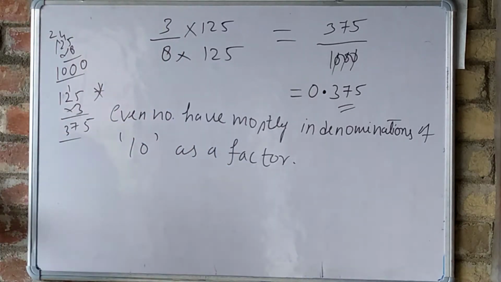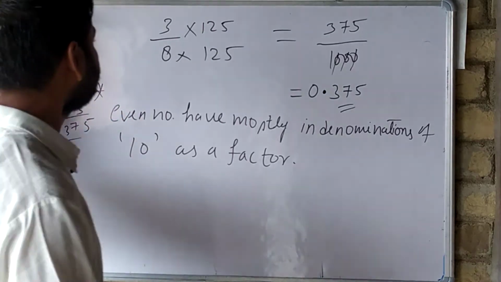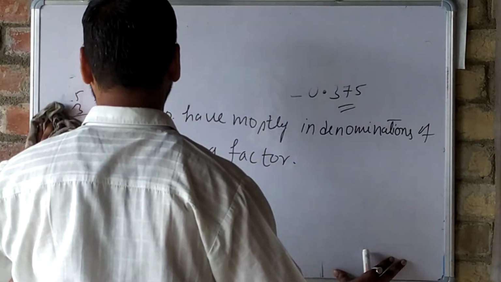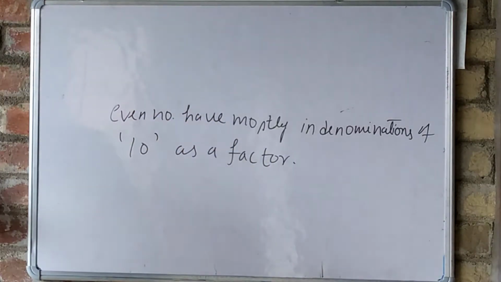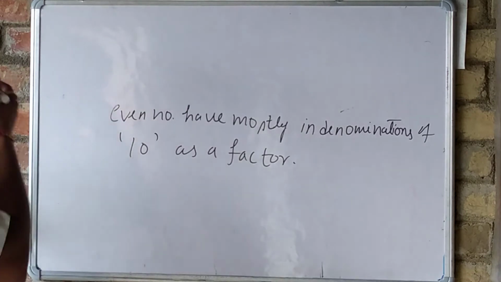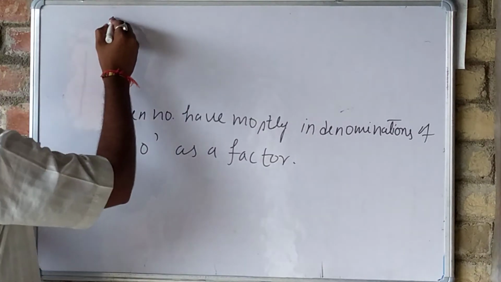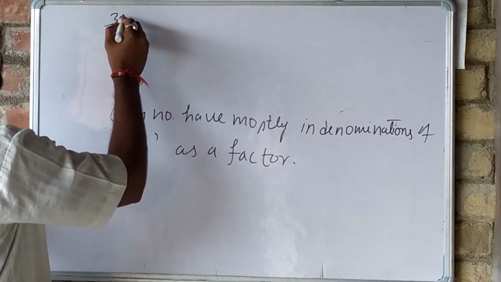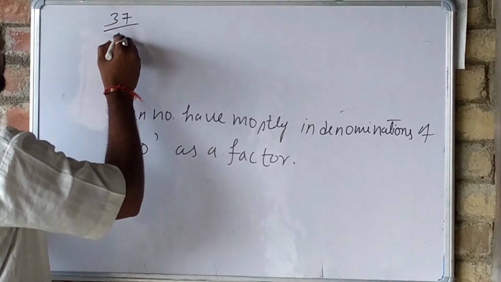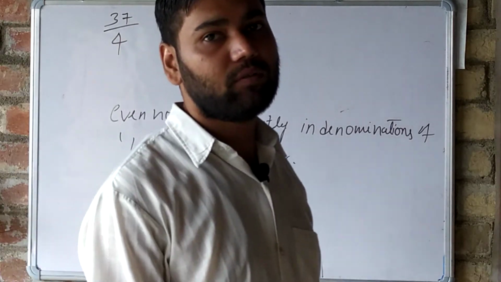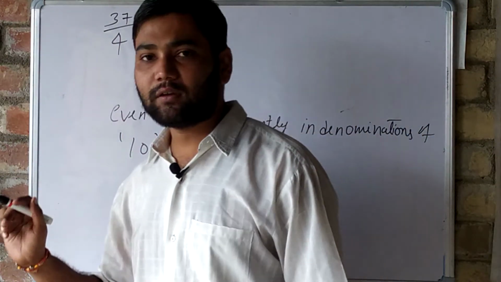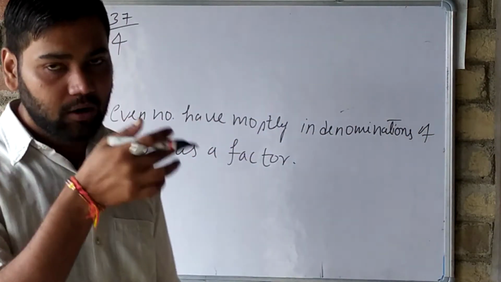I will take a few more examples. Like we have 37 by 4. The value is given as a fraction and we have to convert it into a decimal.